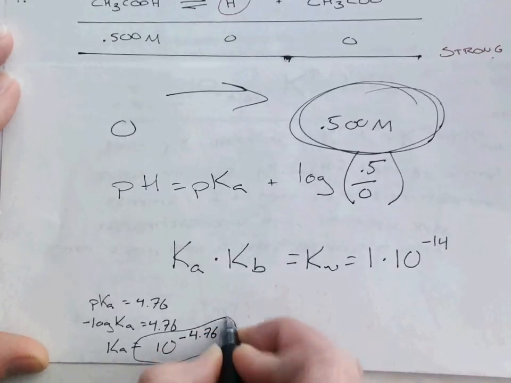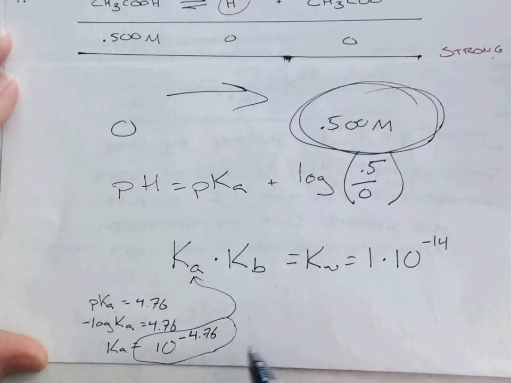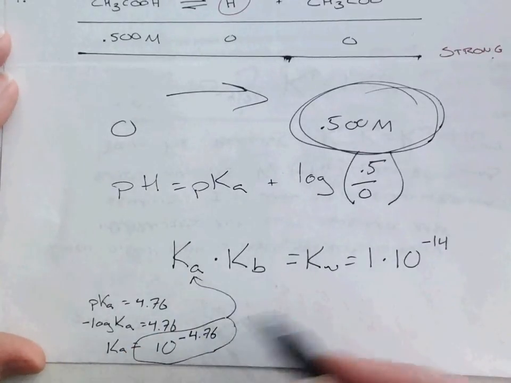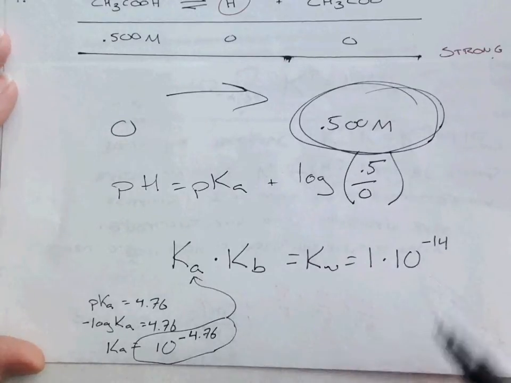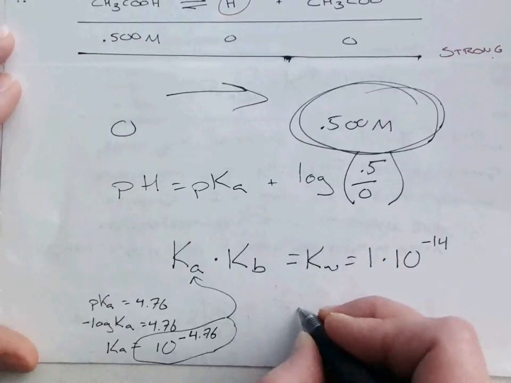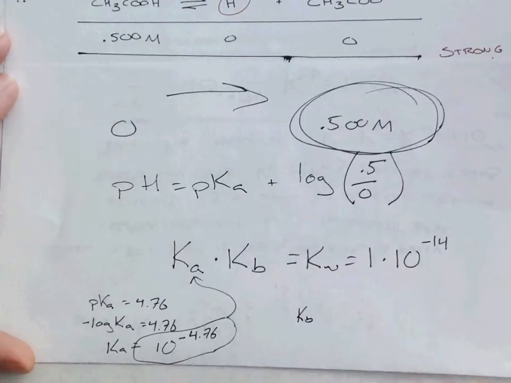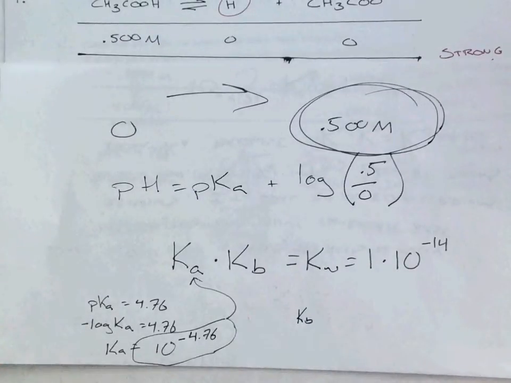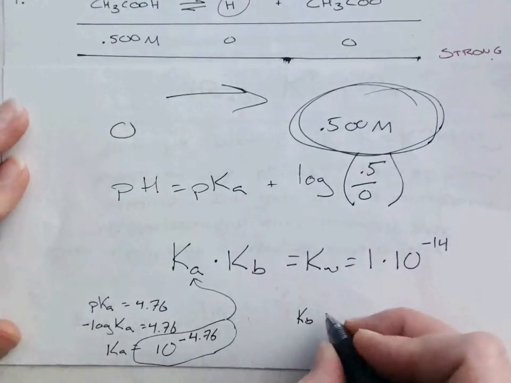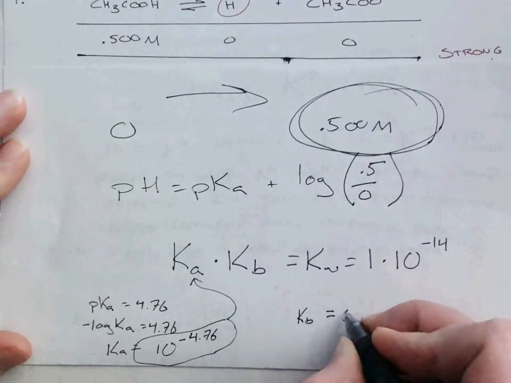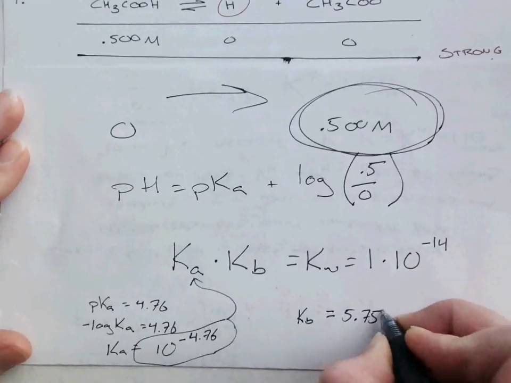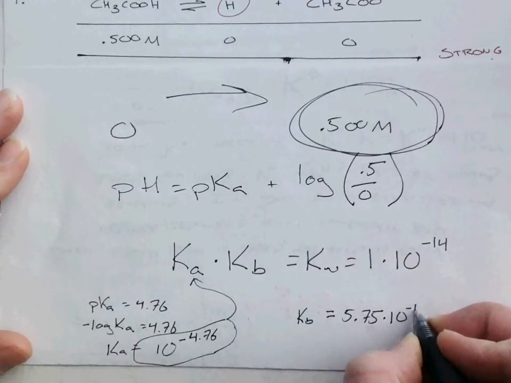I can put that right there, and when I put it into my calculator, I'm going to be very careful with scientific notation. Anyway, I end up with a Kb, and if you haven't found this yet, pause it and try it out, and try and figure out what Kb is. Okay. I got Kb to be 5.75 times 10 to the negative 10.